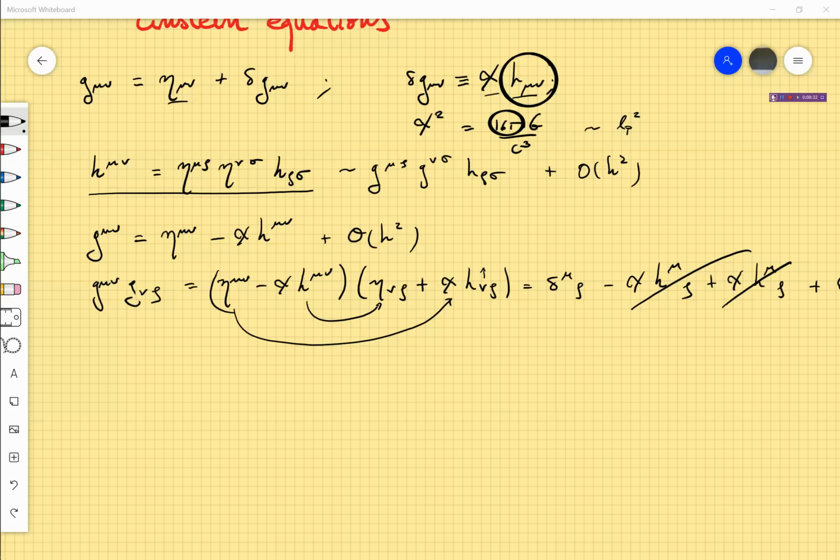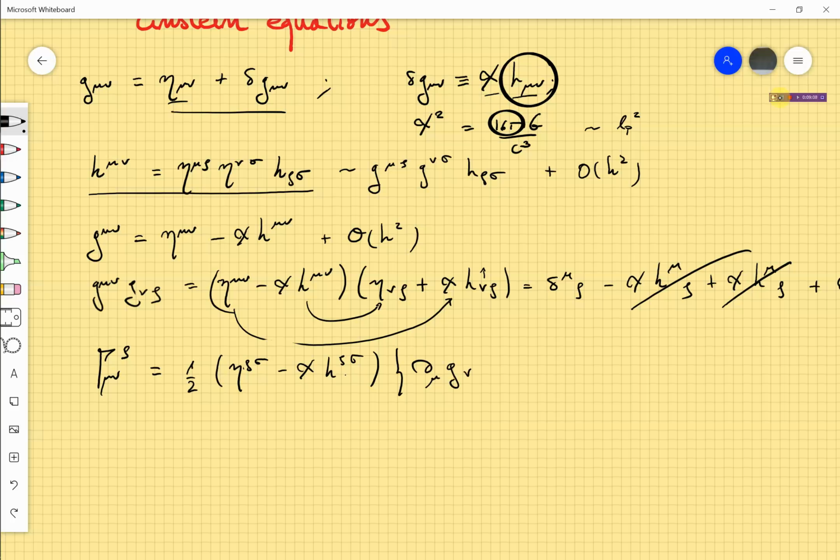Now let us compute the connection. Okay, I could write this. Sorry, I need different indices, so rho sigma minus chi h rho sigma to this order, and then remember that we have partial mu, and this would be g. I'll write it and then I will substitute g by the approximate expression.